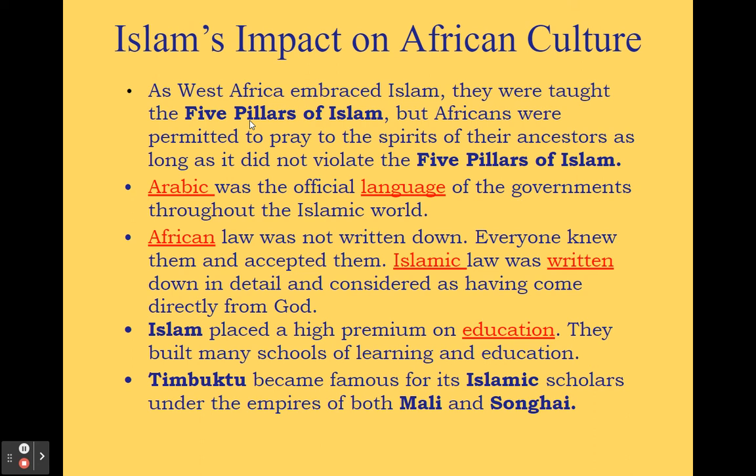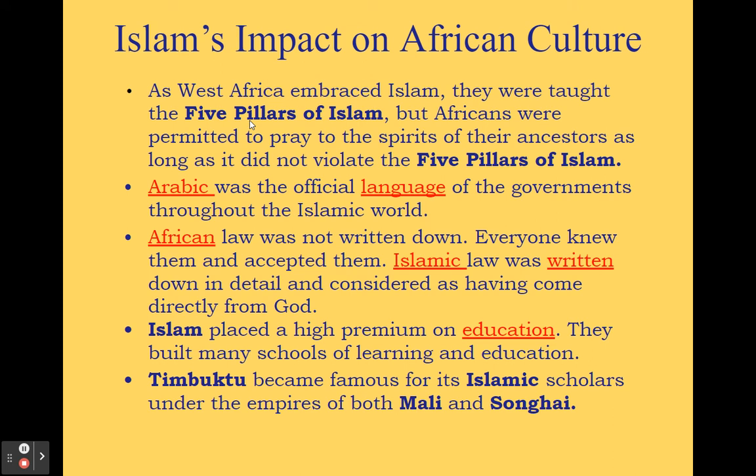And Islam placed a very high premium or importance on education. They built many schools of learning, education, which again allows these empires and cities to grow because you're encouraging people to move in to go to school, to teach at these schools. Like, it's a very big deal. Now, Timbuktu became famous for its Islamic scholars under the empires of both Mali and Songhai.